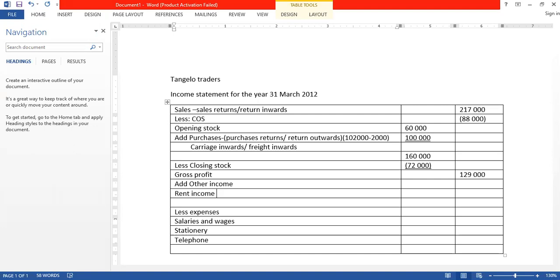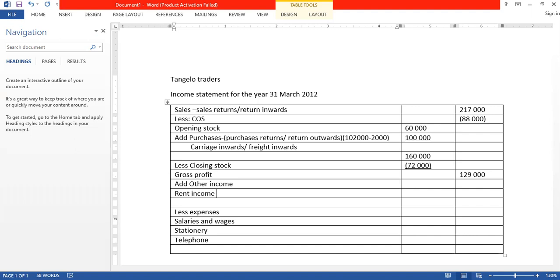Now, in this case, you are given a rent income, and you are told that the rent for 1 month is outstanding. Remember we said that when you draw up your financial statements, you record all information of 12 months.